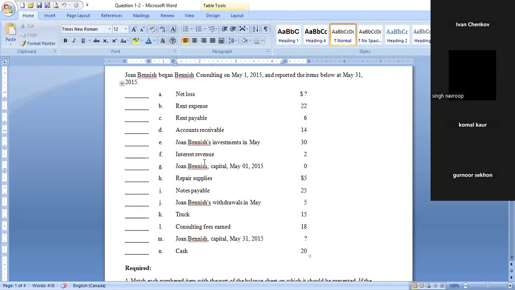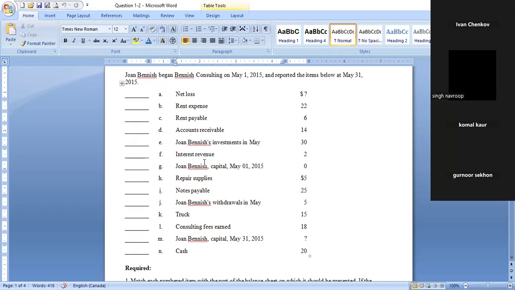Now, for the liability and for the assets, what I need you to understand is, if it says prepaid expense, what kind of account is it? And if it says unearned revenue, what kind of account is it? We already talked about this last time.